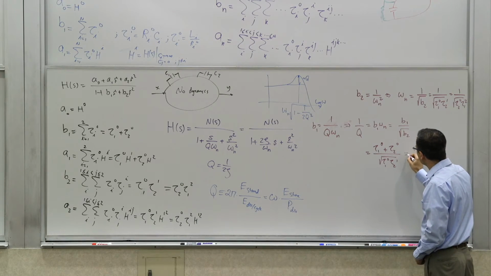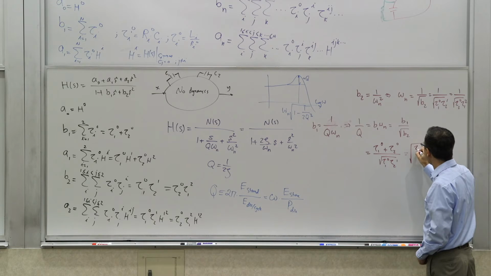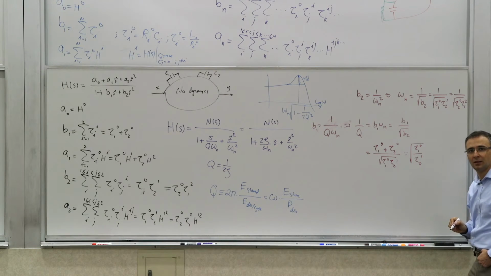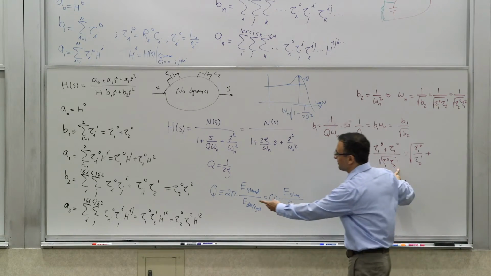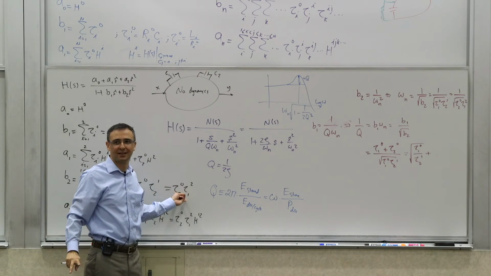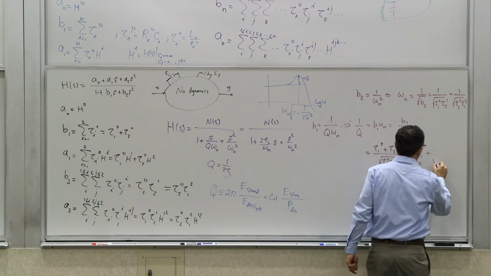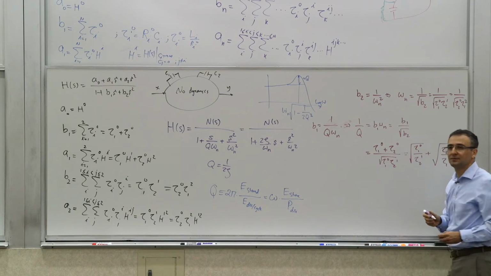If you look at this carefully, you can simplify the first term as square root of tau 1,0 over tau 2,1. But for the second one, you can use this identity and this equality and write the second one as square root of tau 2,0 over tau 1,2.